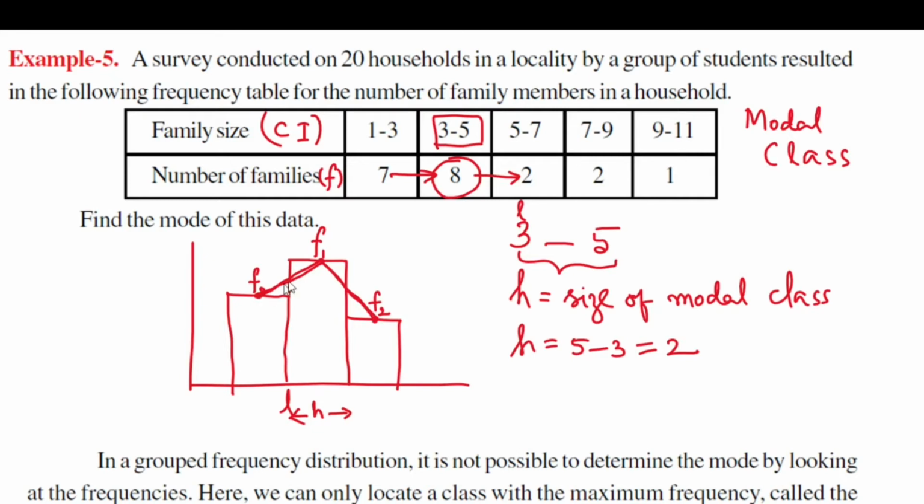From f0 to f1, the frequency is increasing, and from f1 to f2, the frequency is decreasing. We assume that the same trend of change in frequency is followed within this modal class. So within this modal class, from here to here, the same trend is followed.